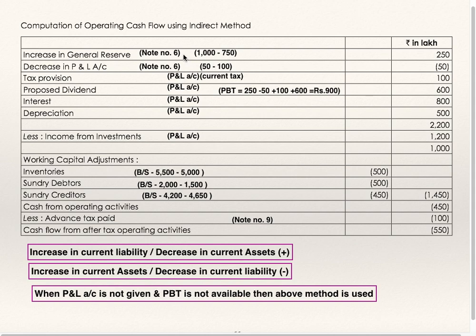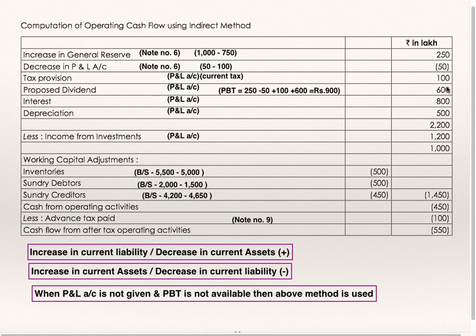This you will get in note number 6. Change in profit and loss account, closing profit and loss minus opening profit and loss, it is negative 50. Tax provision, you will get it in the profit and loss account, 100. It is given as current tax. And proposed dividend, this also you will get in the profit and loss account, which is 600.